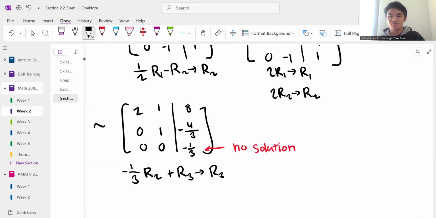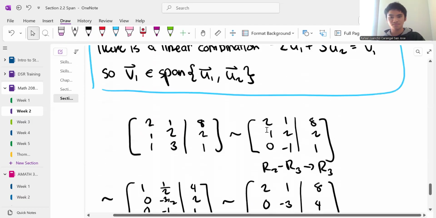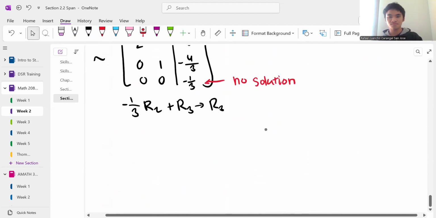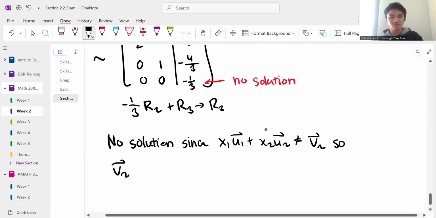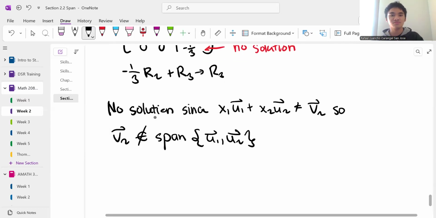So that's just no solution, since there is no linear combination that would give me V sub 2. So V sub 2 is not in the span of the two given vectors U sub 1 and U sub 2.